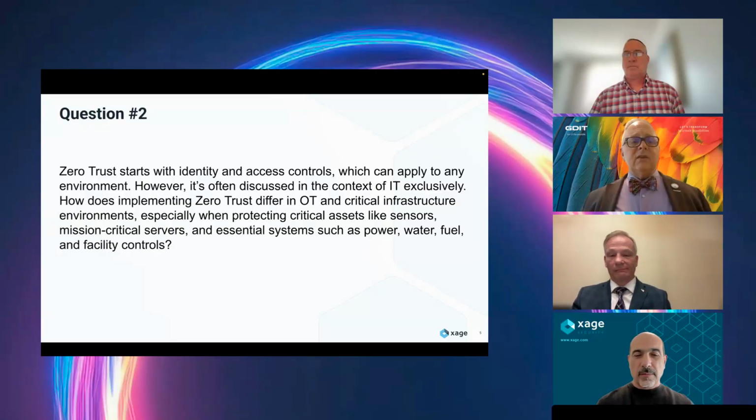And what that translates to in terms of identity and access control is that we have to get creative in how we define the identity of an OT device and how we deal with those access control protocols so that they're in a lightweight enough manner that we're not getting in the way of them doing their job in a timely manner.